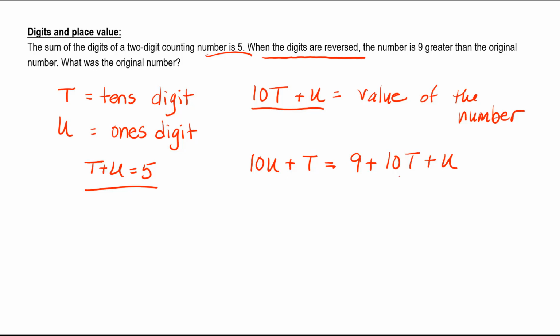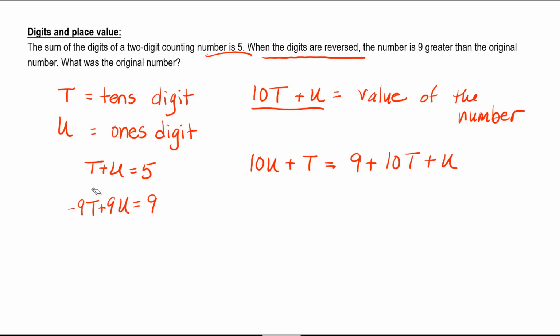In this right-hand equation, we'll get the t's and u's on one side. If you subtract 10t on both sides, you're going to have negative 9t on the left. And if you subtract u on both sides, you're going to have a positive 9u. Then what's left is 9 on the right side.